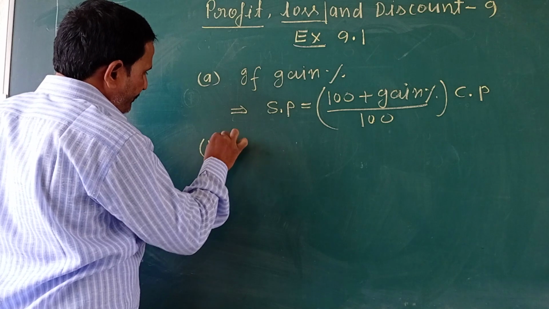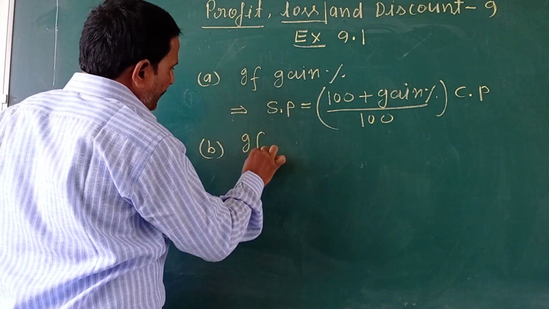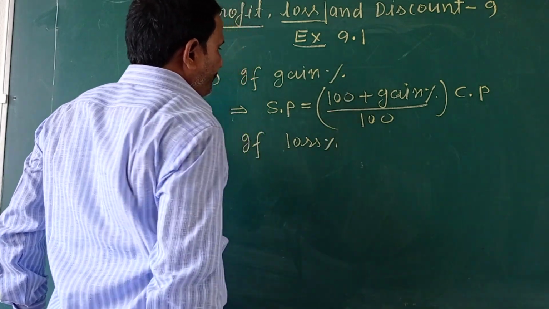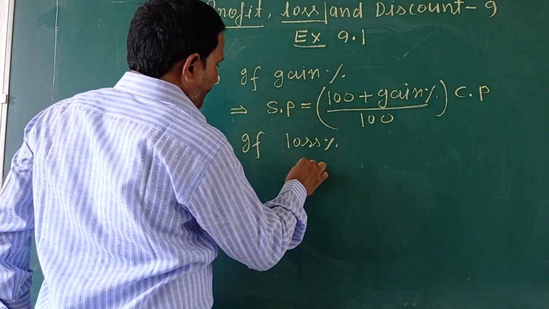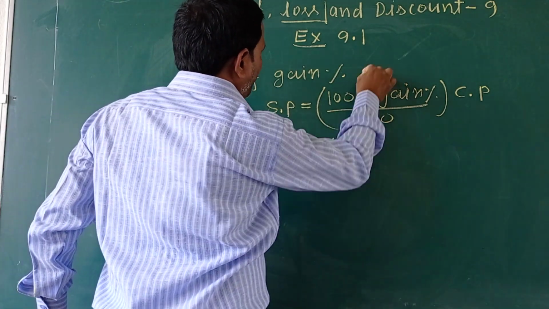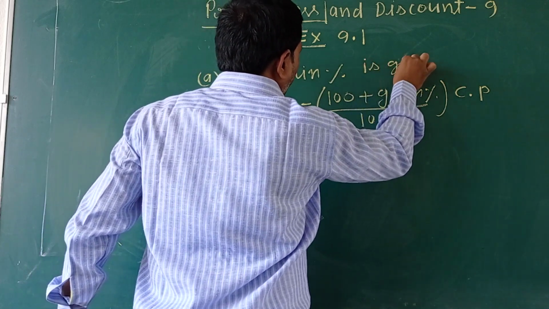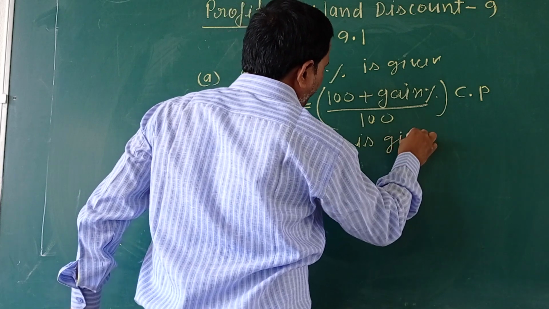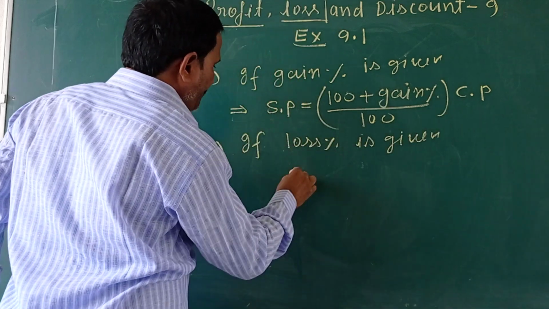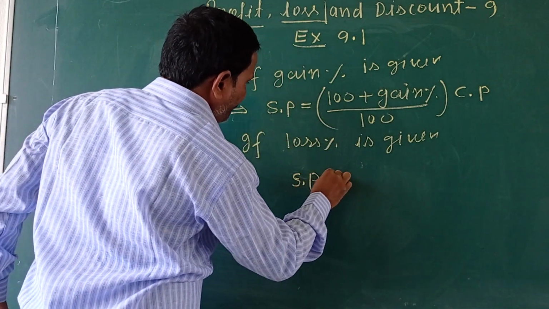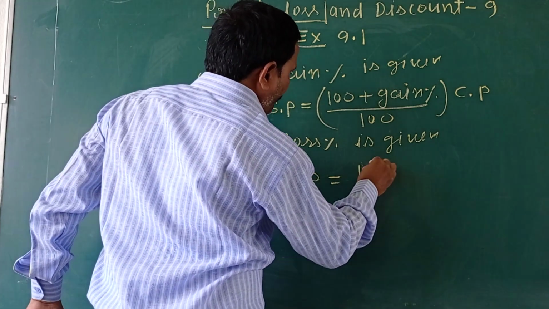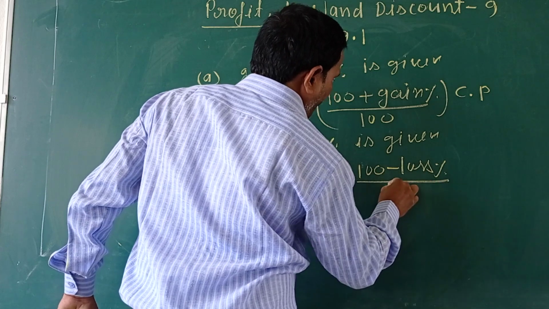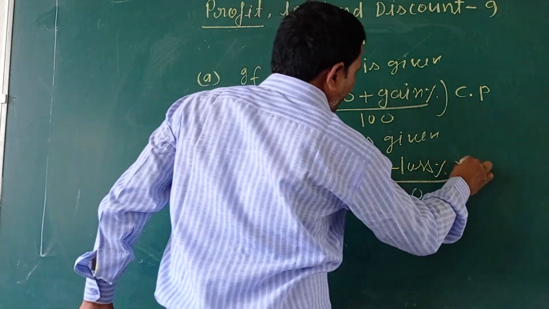Simplify this, with CP as a variable, and calculate the value of that variable. Formula B: if loss percent is given, then ST is equal to (100 minus loss percent) upon 100 into CP.